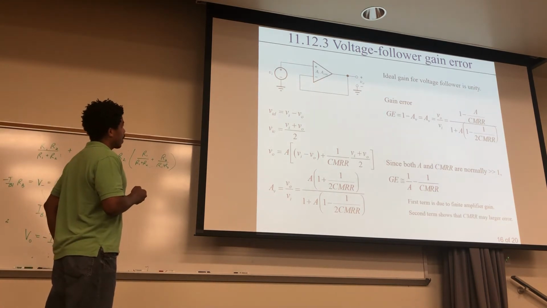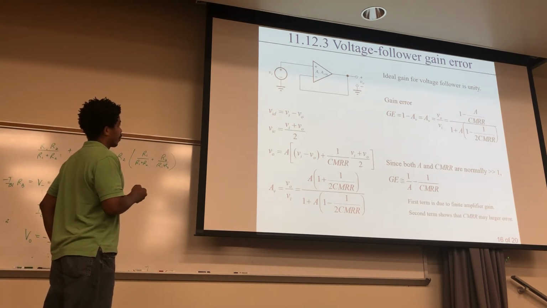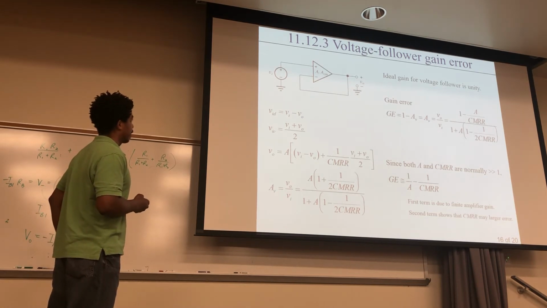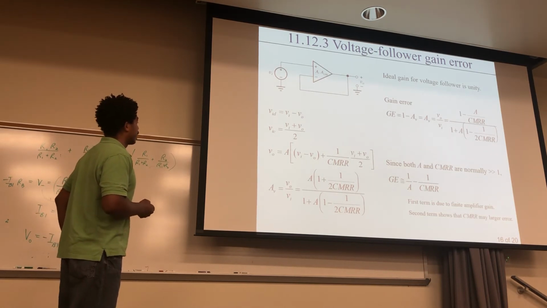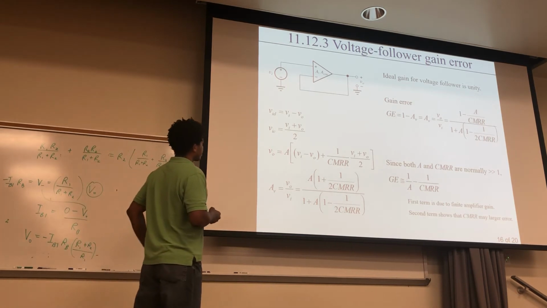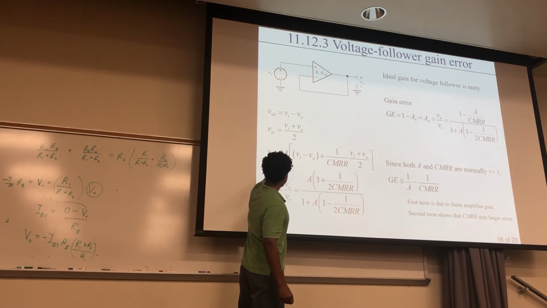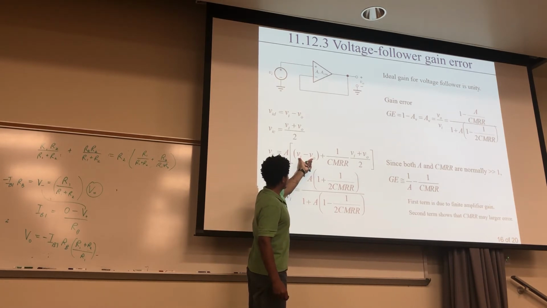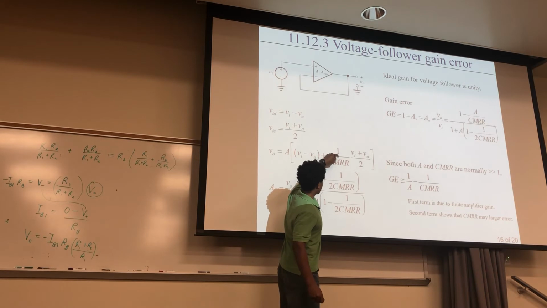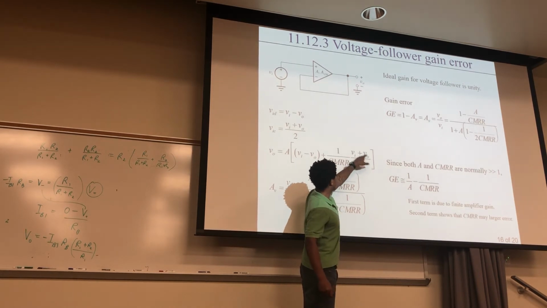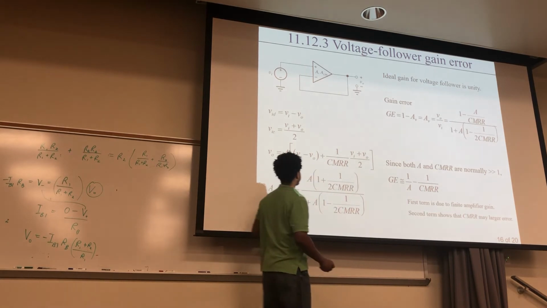But you're going to have a little bit of problem here because we do have this right here for the differential input, but we also have this common mode input too going in here. Now it's small, right? But you can have some effects. So for V out, we're going to have, factoring out the A here, this is the VID, here's that common mode rejection ratio, and here's your VIC right here, the 2 voltages divided by 2.